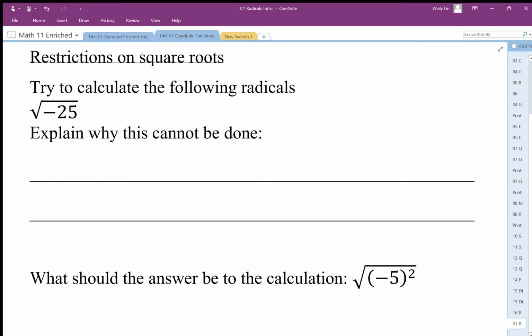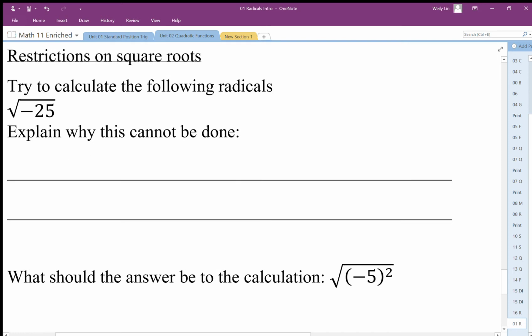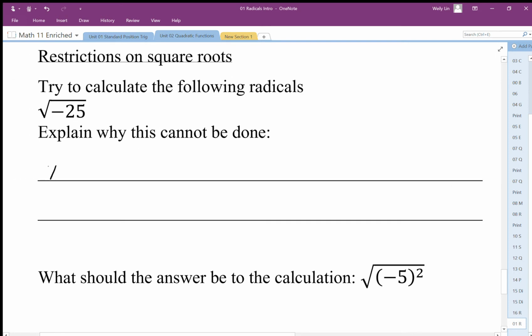So what we'll say is that there is no real number when multiplied by itself that gives us a negative.